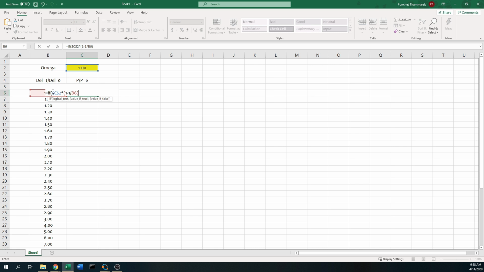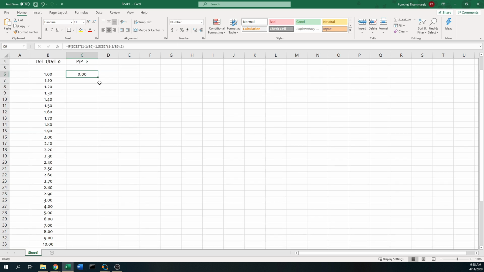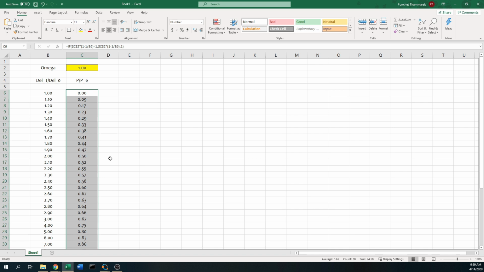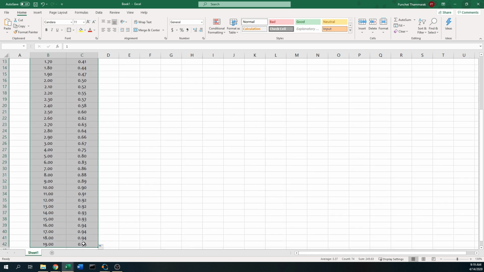Okay, and if this is smaller than 1.0, then it is this number. If not, it is 1. So this is 0, and then we copy it down to 20. So this is the first curve, which is coming from beta equals the ideal brace stiffness.